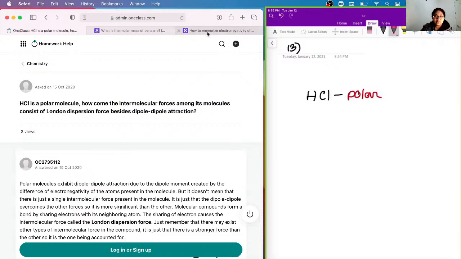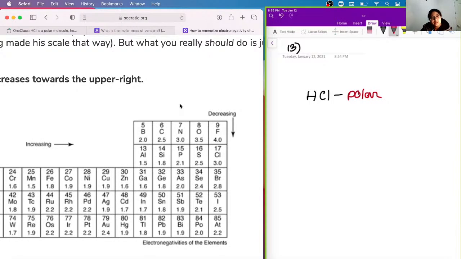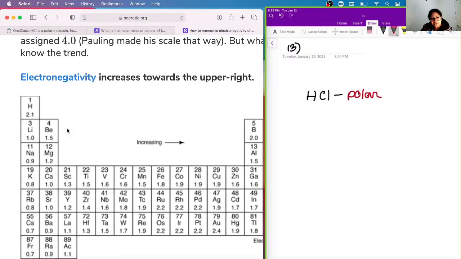So on our electronegativity chart, we can see chlorine has an electronegativity of 3, hydrogen is 2.1, so this makes it polar. So this makes one end partially negative and the other partially positive.